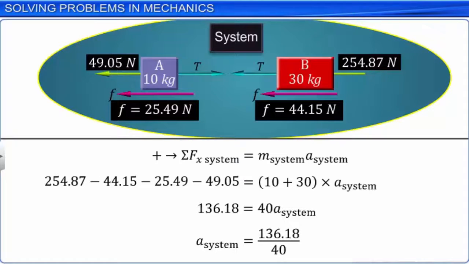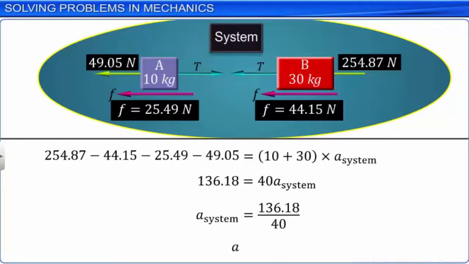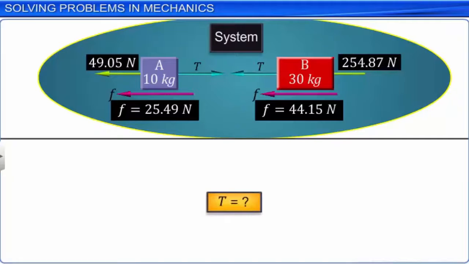The disadvantage of this method is that the tension in the rope T cannot be found directly. To find T, we have to write the net force equation for A or B, where we substitute the value of acceleration just obtained, that is, 3.4 meters per second squared.